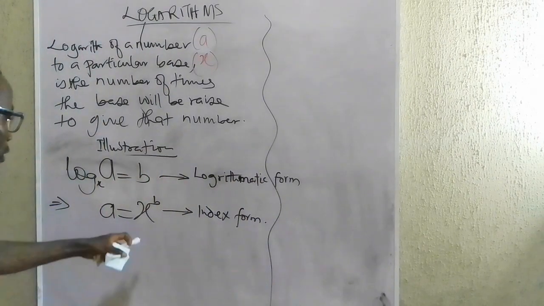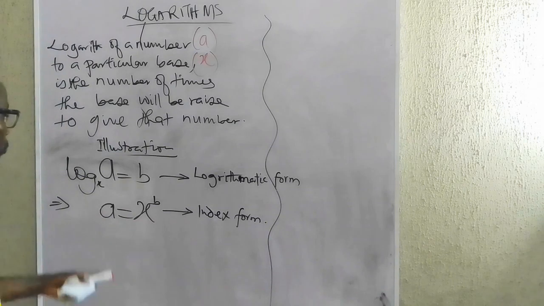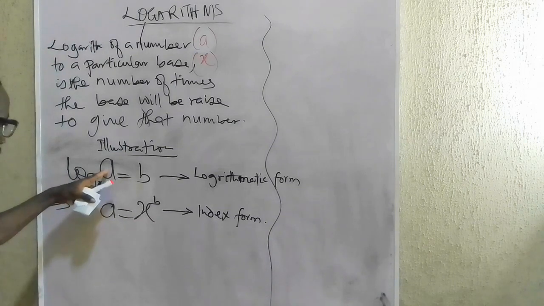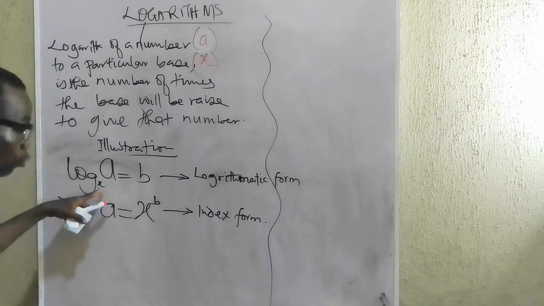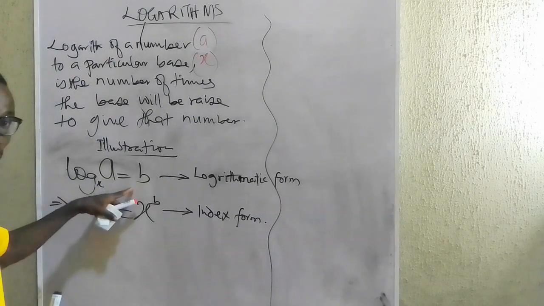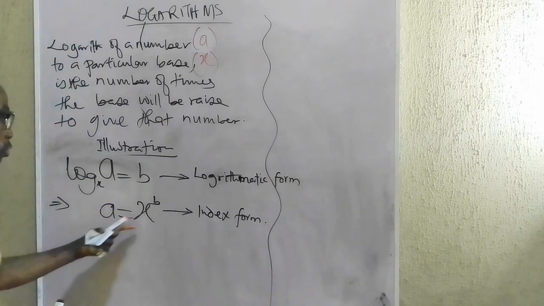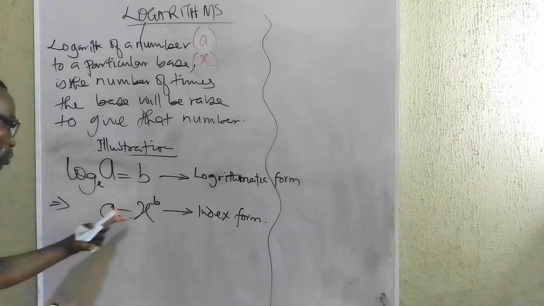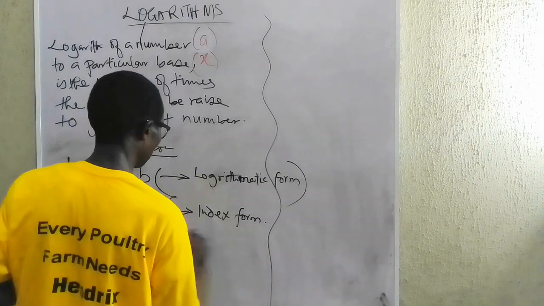Looking at this index form, the log of A to the base X equals B means that the base X will be raised to B to give A.